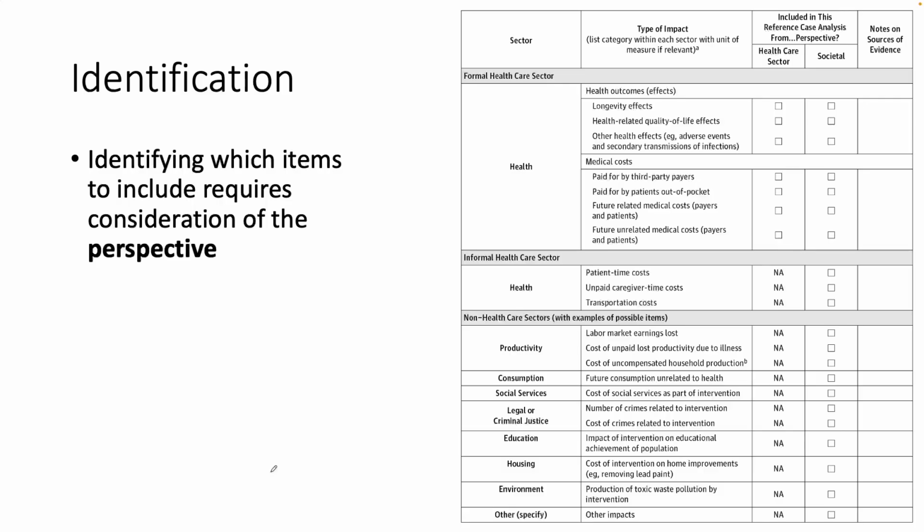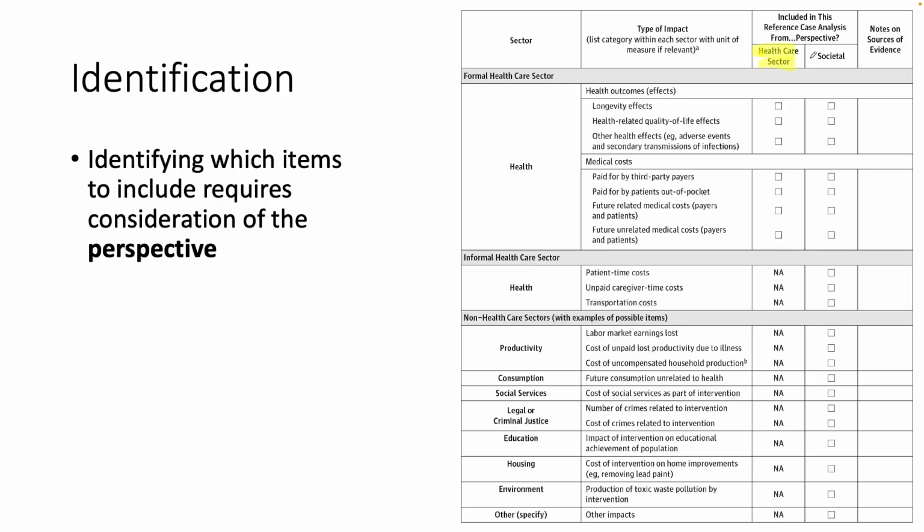And so this table right here is called an impact inventory. This was published in an article in JAMA that is the guidelines, more or less, of standards that you should follow when doing CEA. So there's a couple things I want to point out here. First, let's talk about perspective.